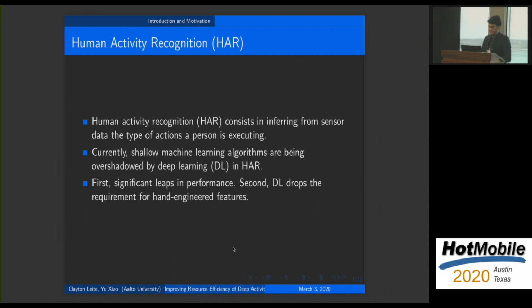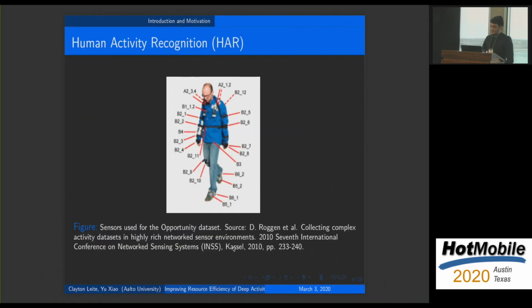from sensor data. And nowadays, shallow machine learning is being overshadowed by deep learning. First, there are significant leaps in performance when we use deep learning for that. And second, deep learning drops the requirement for hand-engineered features. For example, here's a picture of some data collection for the Opportunity data set.